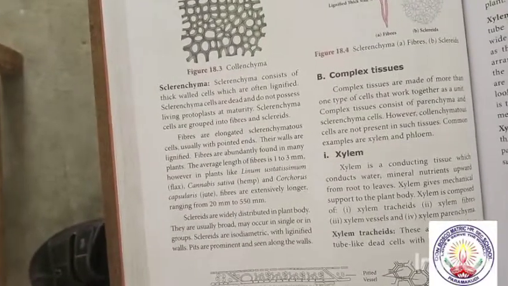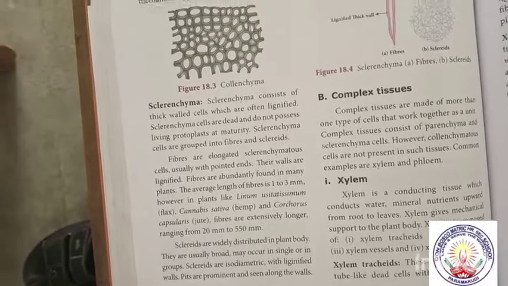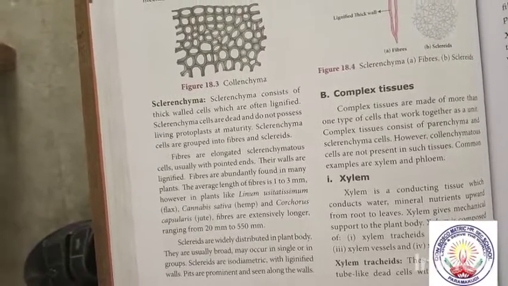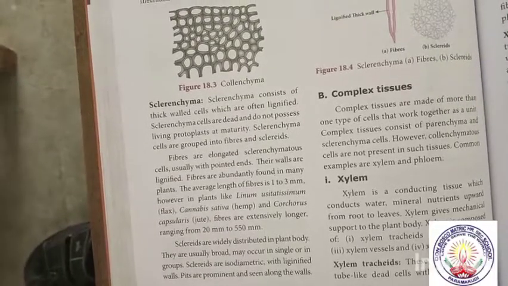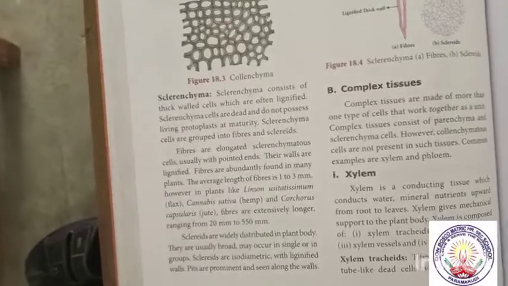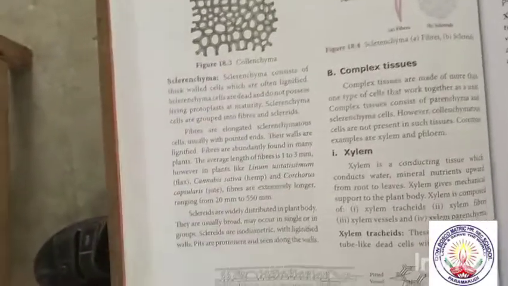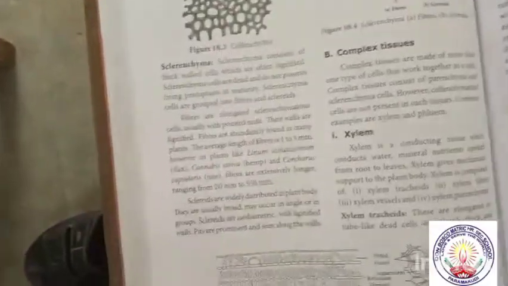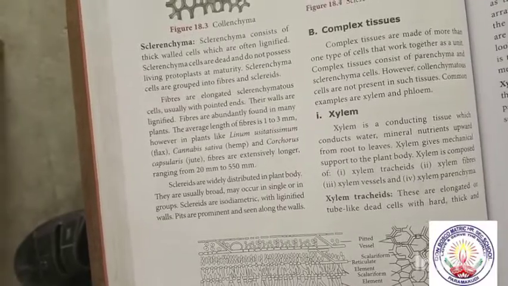However, in plants like Linum usitatissimum, Cannabis sativa and Corchorus capsularis, fibers are extensively longer, ranging from 20 millimeters to 550 millimeters. Sclereids are widely distributed in the plant body.